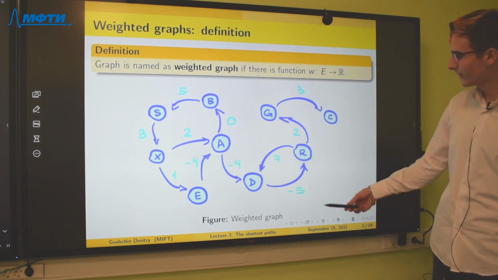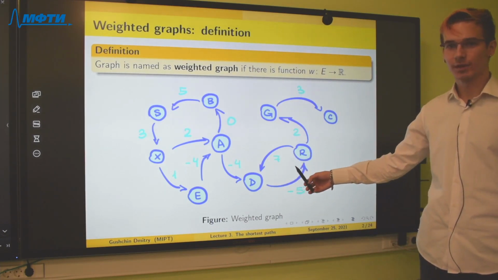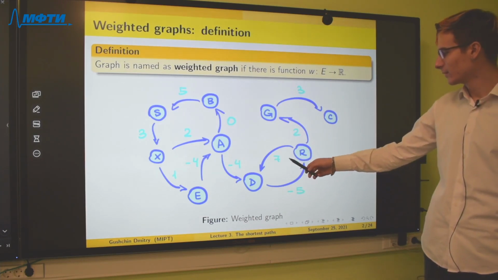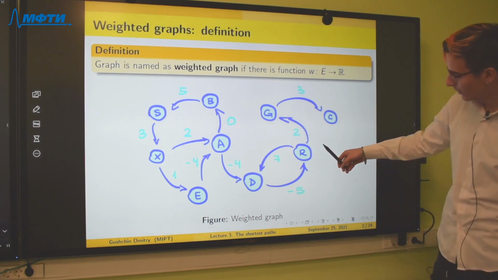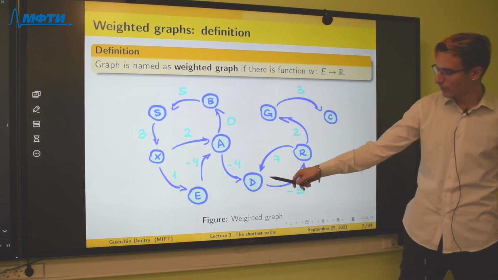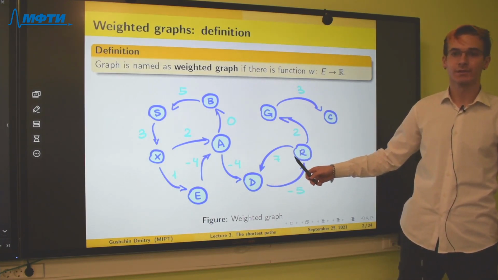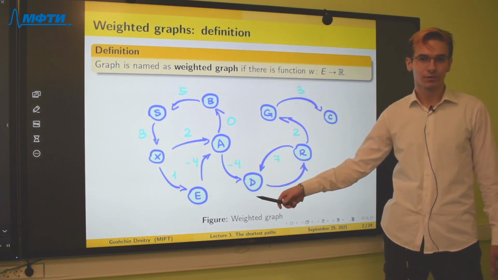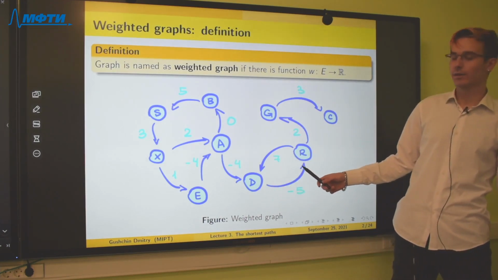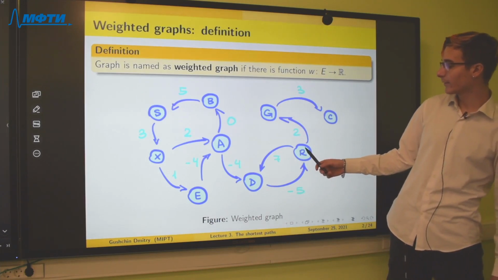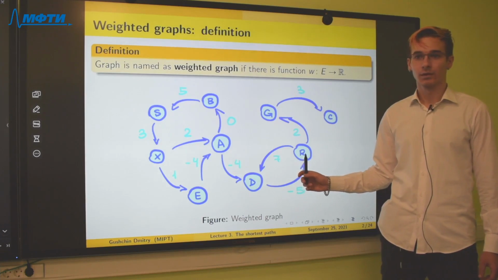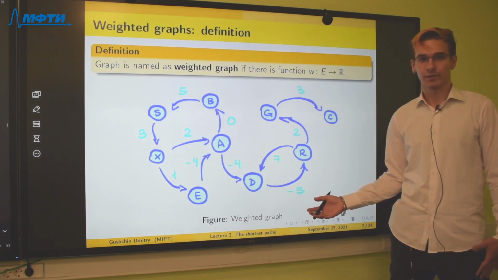Of course, if it is integer numbers, yeah, you can divide it. For example, if you have an edge from R to D with weight equal to 7, you can divide it into 7 edges that have weights equal to 1, and use BFS then.